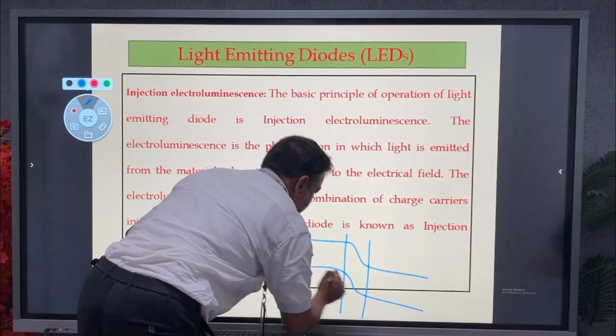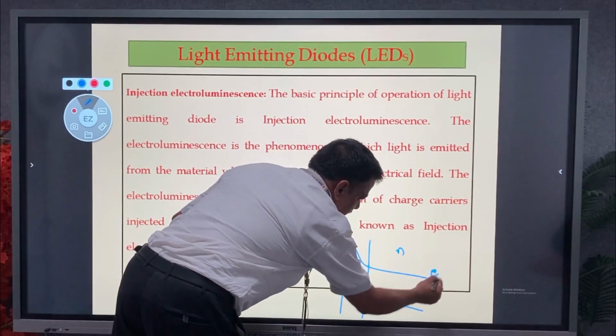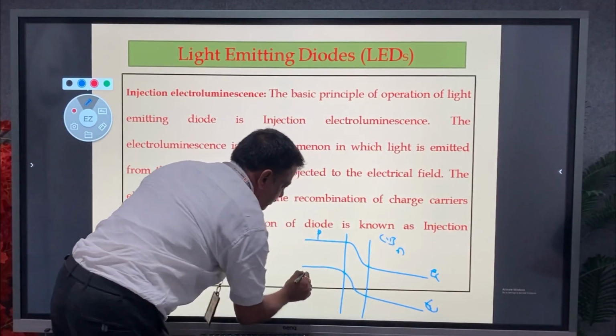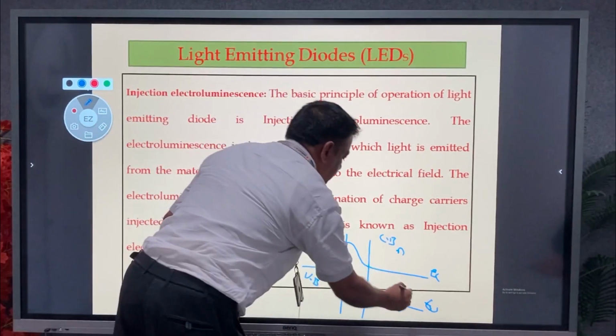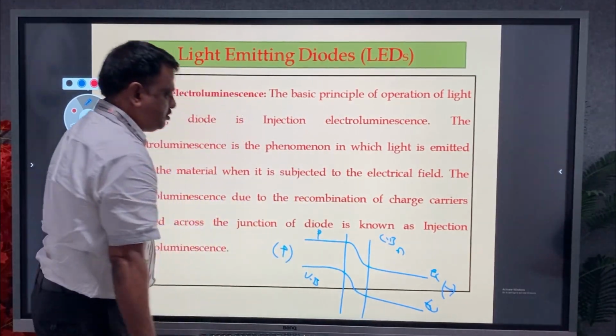This is the junction region, this is the P side and this is the N side. This is EC, this is EV; this is the conduction band and this is the valence band. The N side is connected to the negative terminal and the P side is connected to the positive terminal.